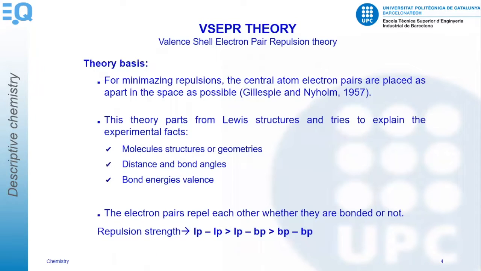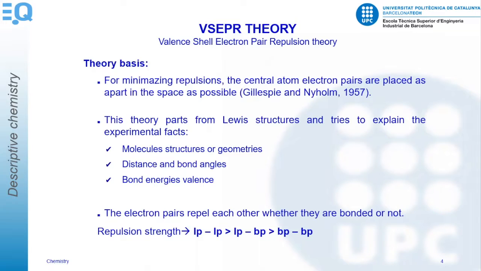This theory is based on Lewis structures and says that to minimize the repulsions between atoms in a molecule, electron pairs must be placed as far apart in space as possible, considering the three dimensions.